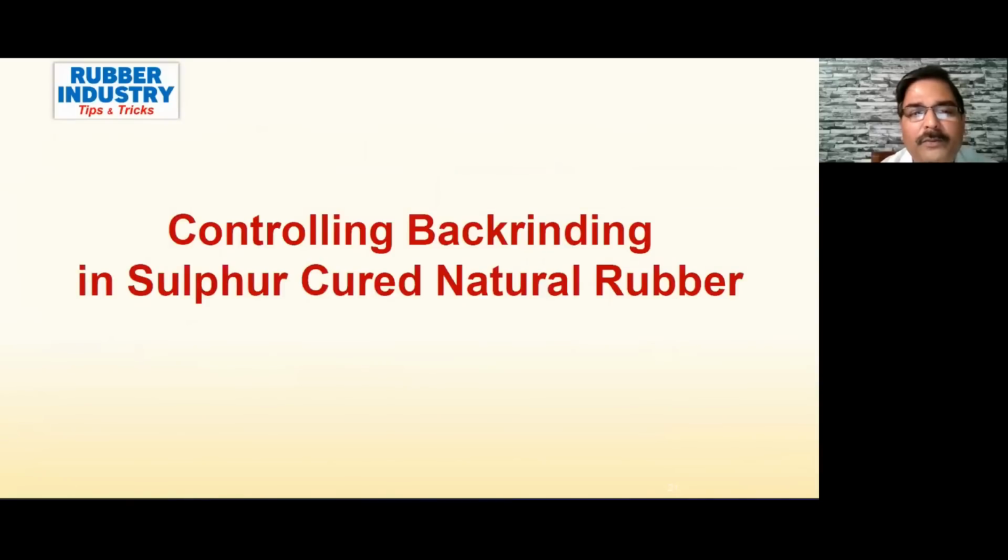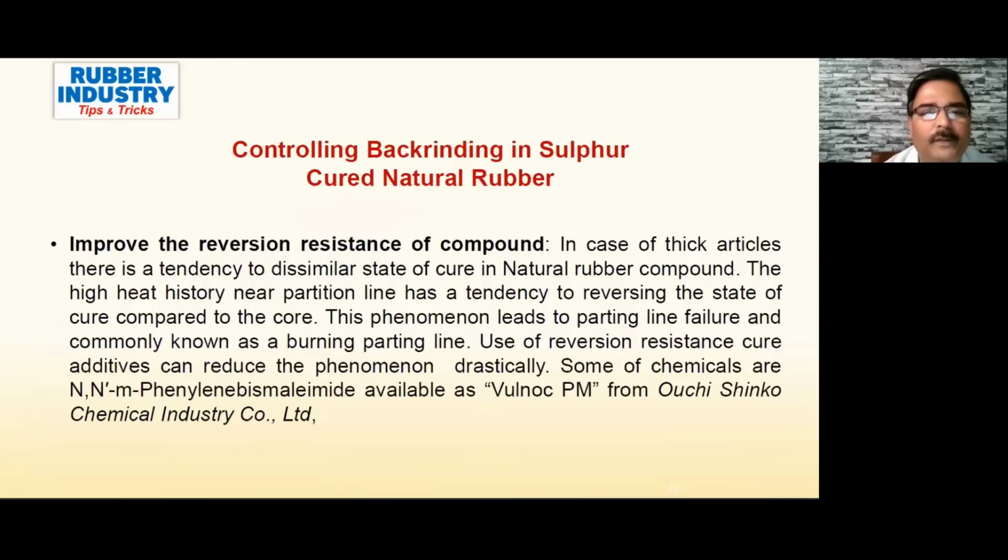Lastly, I will talk on controlling backrinding in sulfur cured natural rubber. The first parameter is to improve the reversion resistance of the compound. In case of thick articles, there is a tendency to dissimilar state of cure in the natural rubber compound.